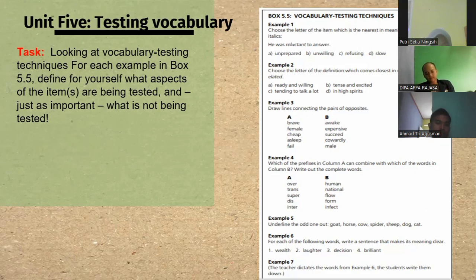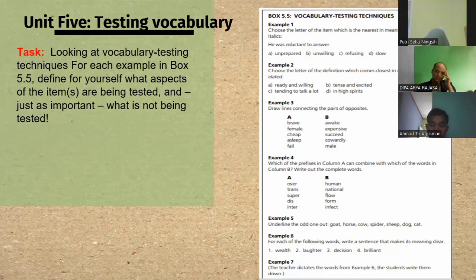Jadi di dalam box tersebut adalah beberapa suggestion atau saran tentang bentuk-bentuk dari vocabulary testing techniques. The first, example 1 and 2, is multiple choice. Multiple choice questions are tricky and time-consuming to compose, but if the answers are clear, very quick and easy to mark.